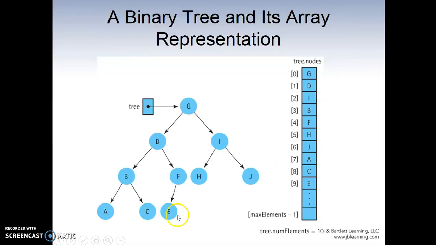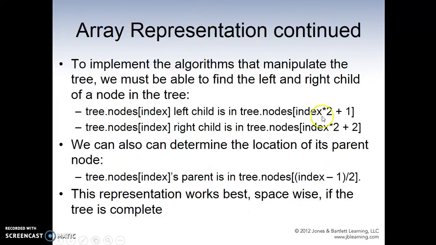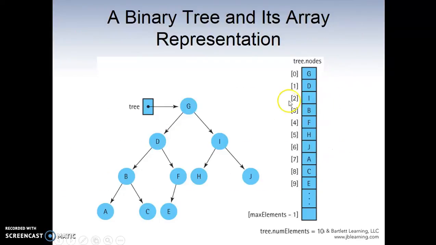Jump to 9, which is E. If we're doing this order, we can just use that formula. Let's say, what's the right child of B? Right child is plus 2, left child is plus 1. So the index is 3, times 2 is 6, 6 plus 2 is 8, so jump to 8. The right child of B should be C, which is right.